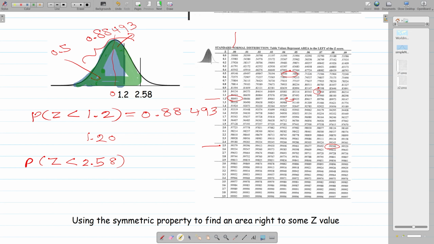And this area, this is the total area for probability z less than 2.58. Now, that value we got is 0.99506.